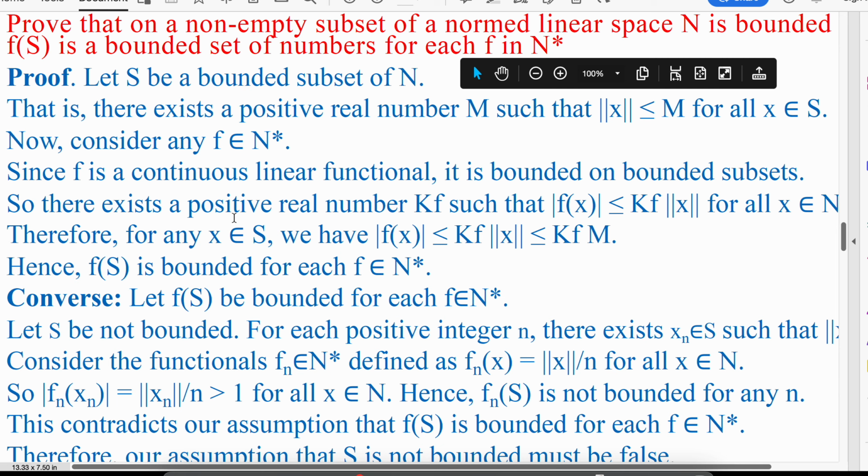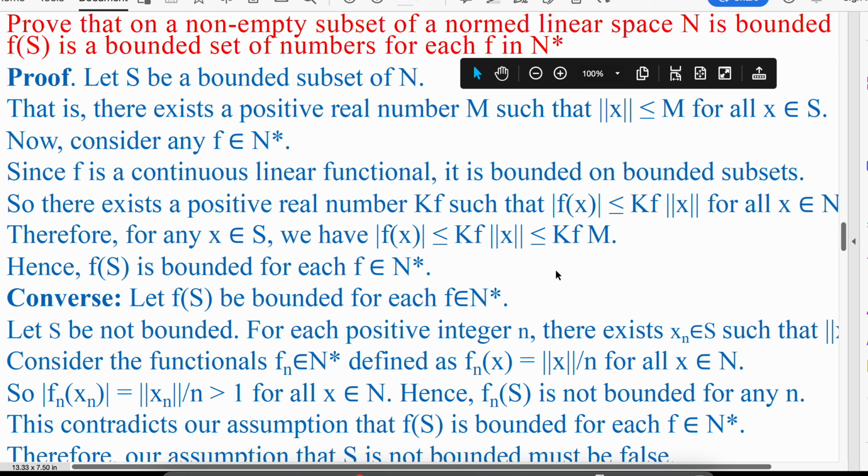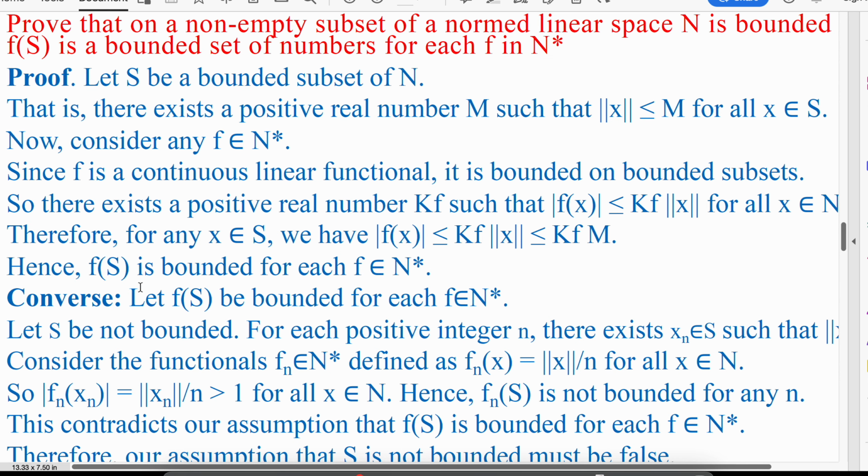It means for x belonging to S, modulus of f(x) is less than or equal to k_f times the norm of x. But the norm of x is less than or equal to m, so it is less than or equal to k_f times m. So it means f(S) is bounded for each f belonging to N star, because modulus of f(x) is less than or equal to k_f times m.